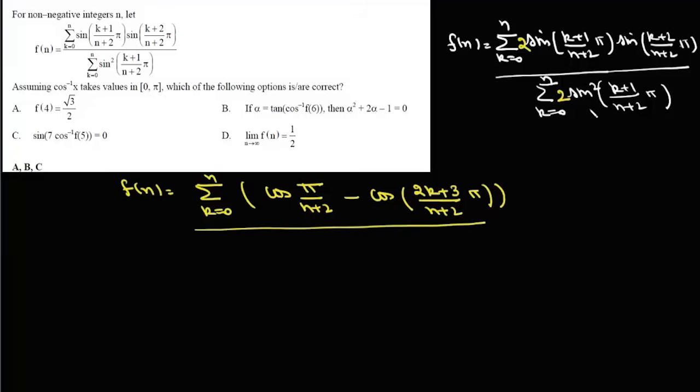theta, and 2 sine square theta is 1 minus cos 2 theta. So it will be this summation k varies from 0 to n 1 minus cos 2k plus 2 upon n plus 2 pi. Now we simplify this summation.